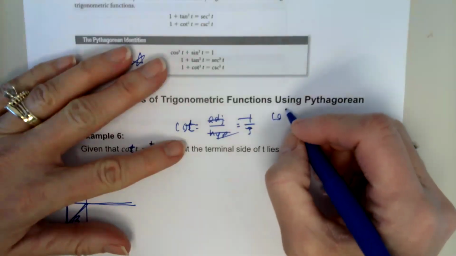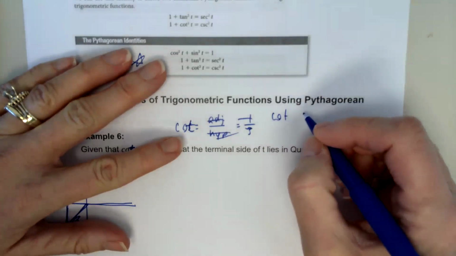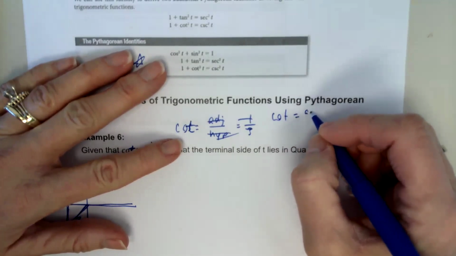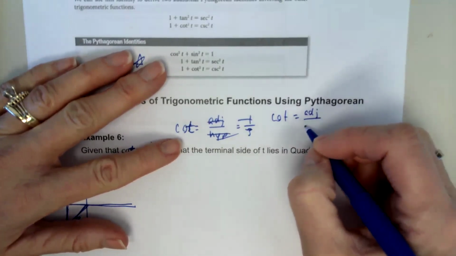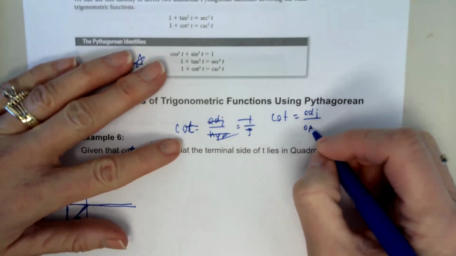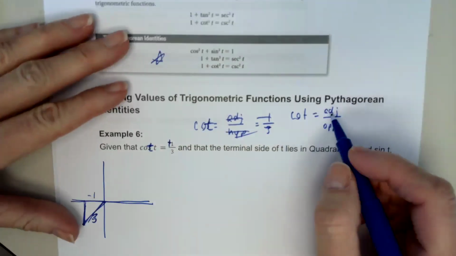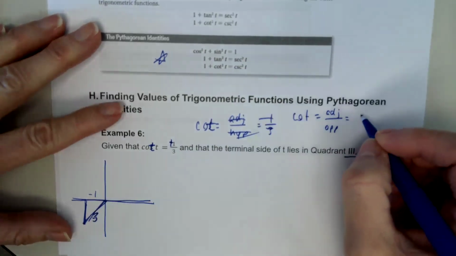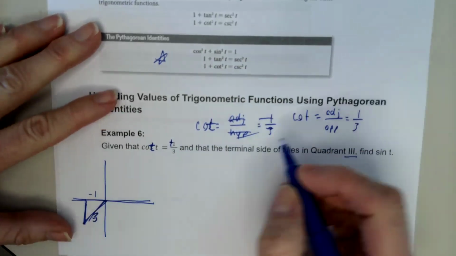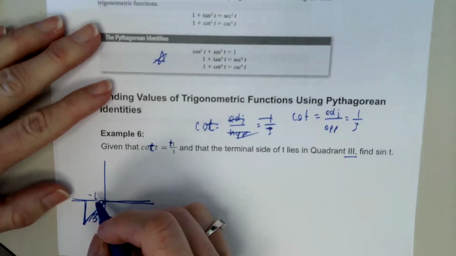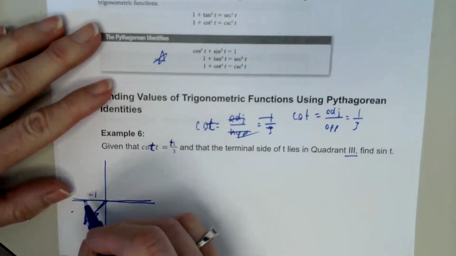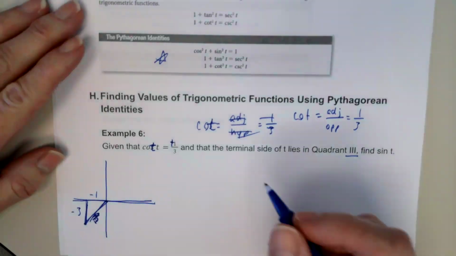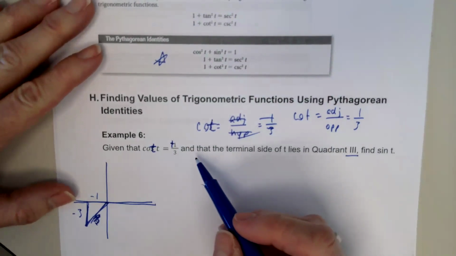Cotangent is adjacent over opposite, and it's positive in the third quadrant because sine and cosine are both negative. So it's equal to 1/3. So my adjacent is the -1 and my opposite is the -3. Okay, so that's my cotangent.